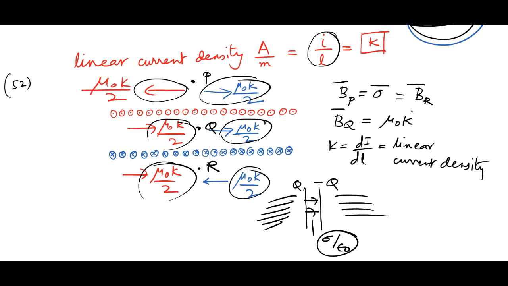So it looks a bit like mu naught into k, because epsilon naught in the denominator corresponds to mu naught in the numerator, and sigma corresponds to k. So we've got a sort of analogous result, although the standard magnetic device, which is considered to be an analog of a parallel plate capacitor, is a solenoid. But you also have this sort of device which appears to have the same formulae, or rather analogous formulae to the ones in parallel plate capacitors.